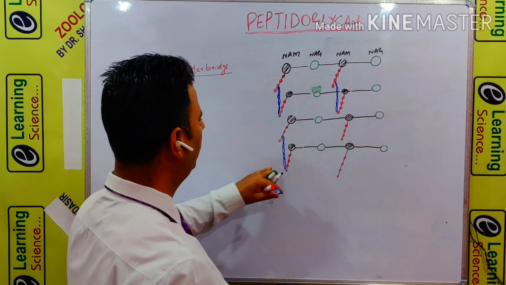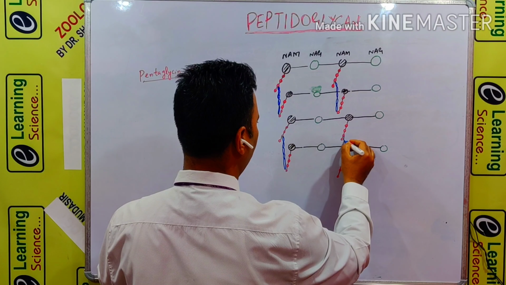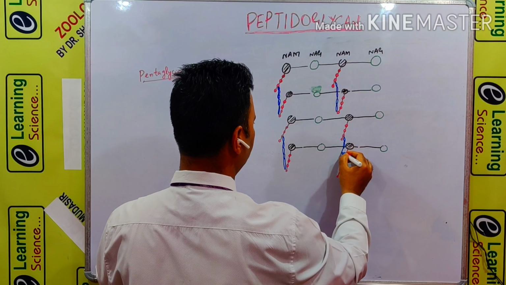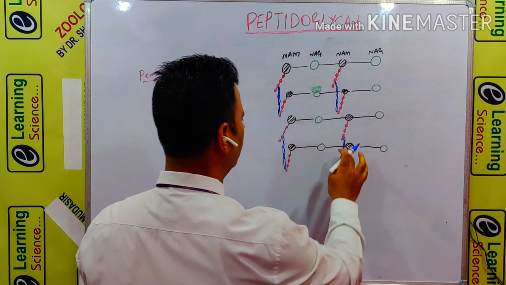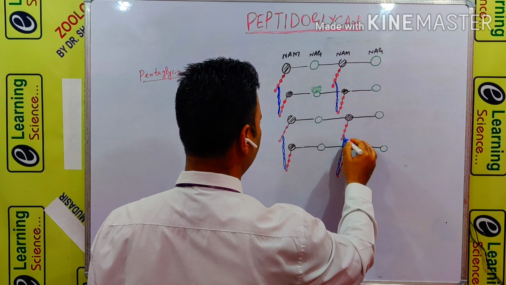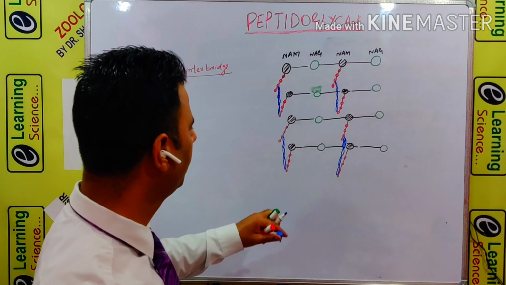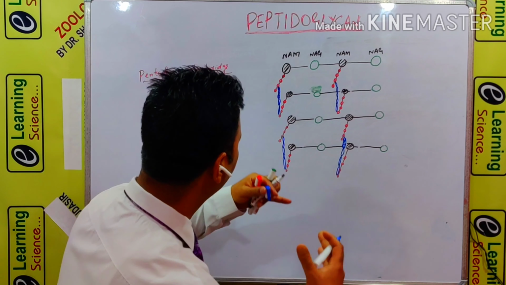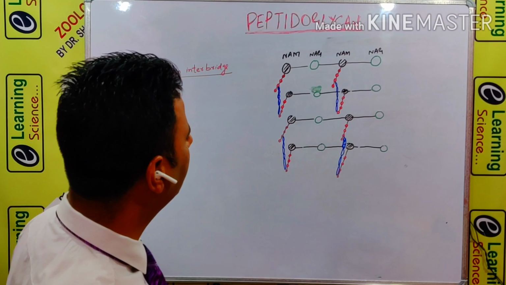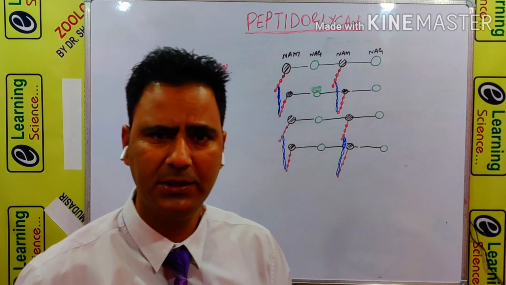This is the pentaglycinic interbridge. Again here third with the fourth. 1, 2, 3, 4, and 5. So this is a pentaglycinic bridge, which is making the cross-linking in peptidoglycan, and this is making the structure of peptidoglycan a stable entity.